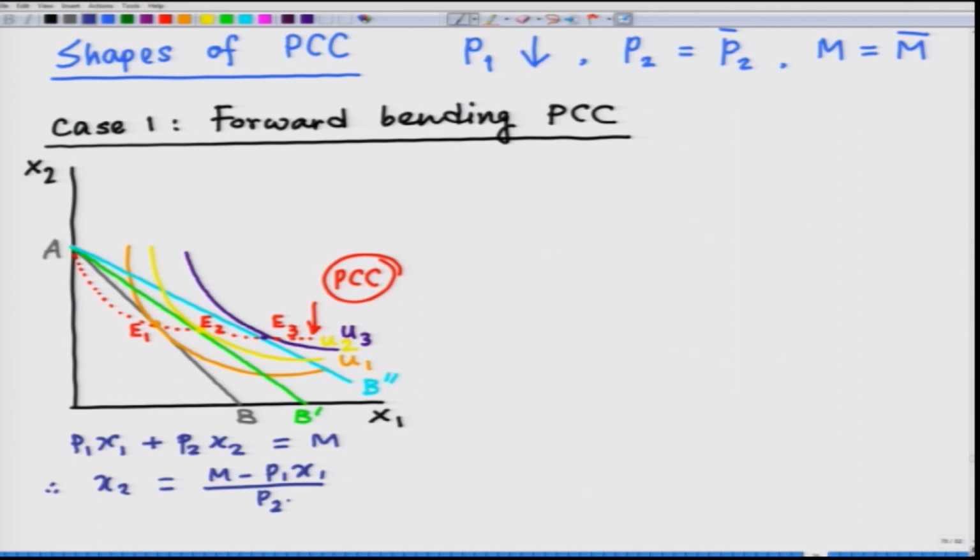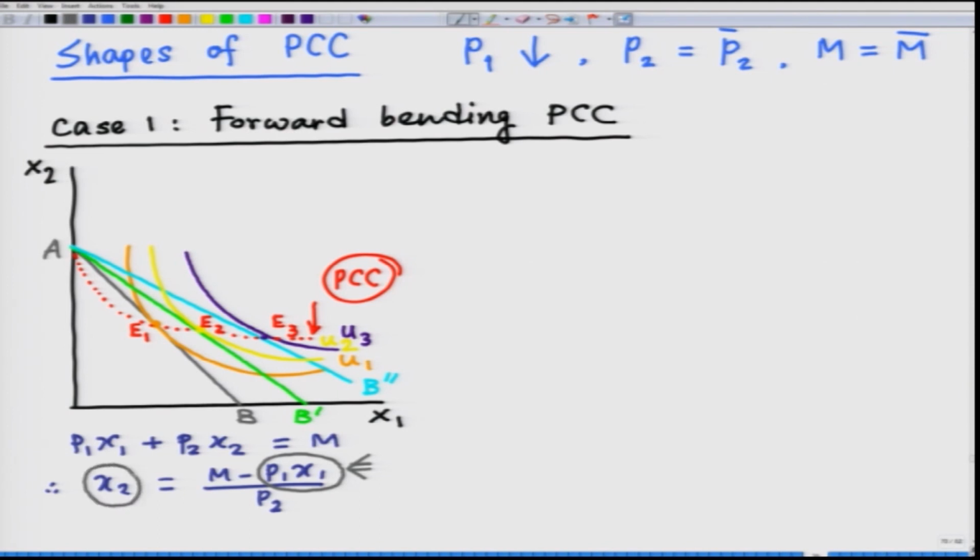So, as price of 1 falls, of course, there will be an impact on x 1, commodity consumption for good 1, and that is why this is going to be impacted. Depending upon how this impact is, we get different levels of x 2.